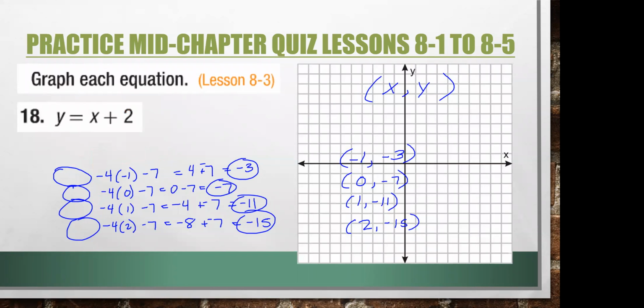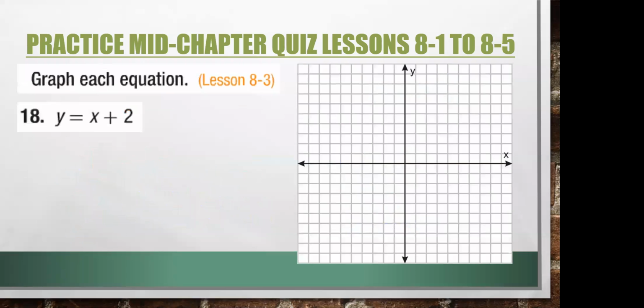All right, so this problem here says to graph each equation, okay? So again, we could use those 4 values, or we can also use the x and the y-intercept like I mentioned earlier, okay? So let's say we were using the y-intercept.